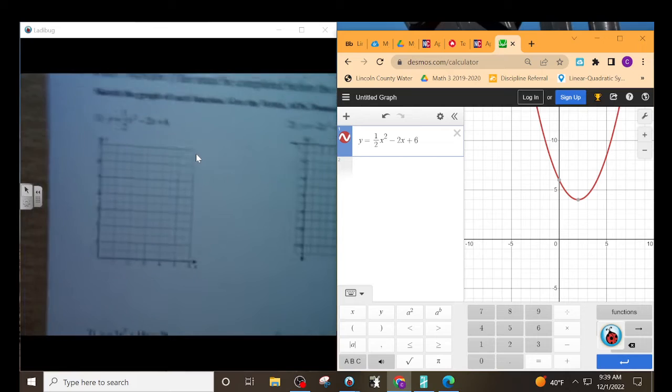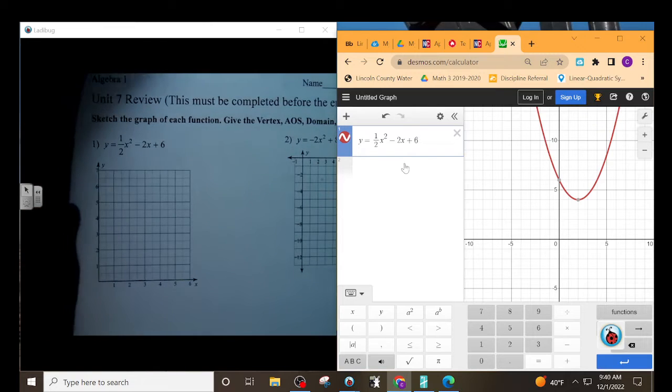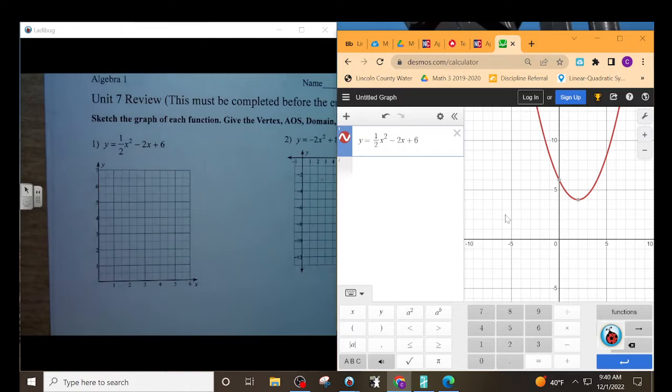All right, so now I'll put my equation in. Guys, I just go ahead and put y equals in front of it, because everything really needs a y in front of it, but it's just a good habit to get into. Now, guys, remember, Desmos by default will identify your vertex, your y-intercepts, and your x-intercepts, okay?